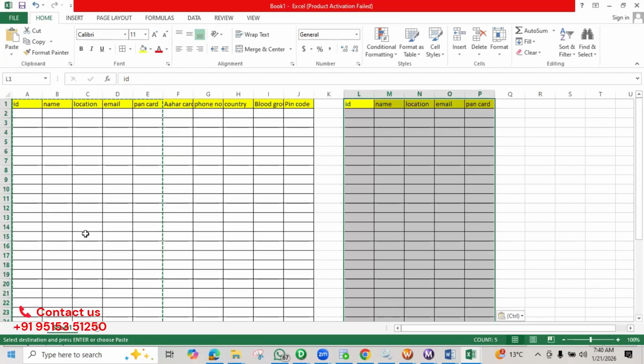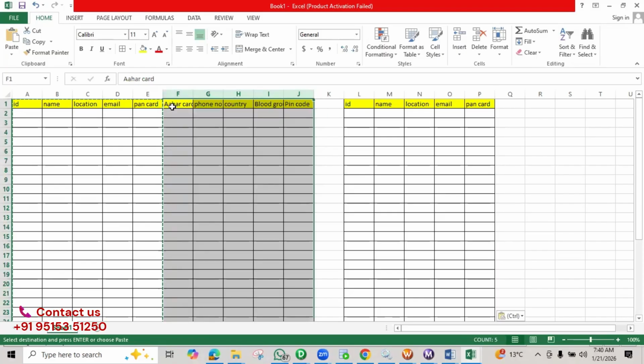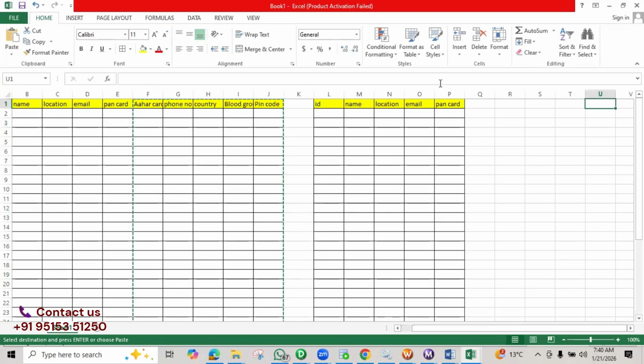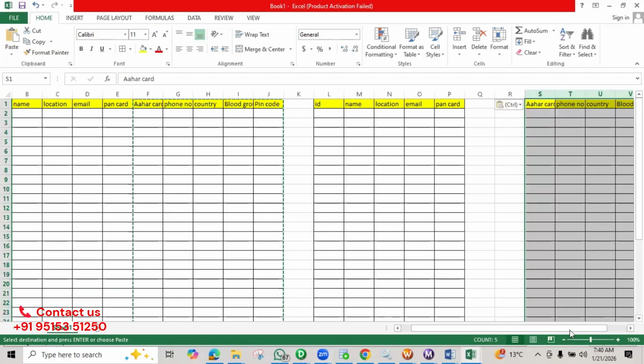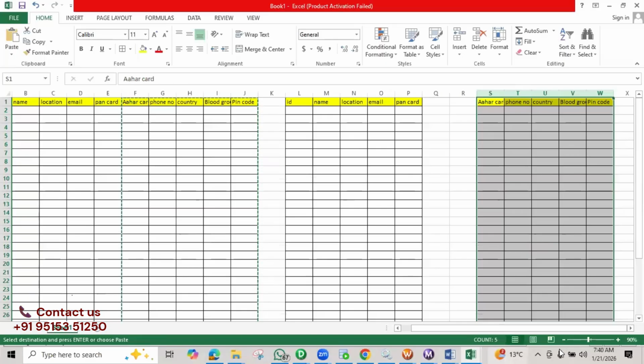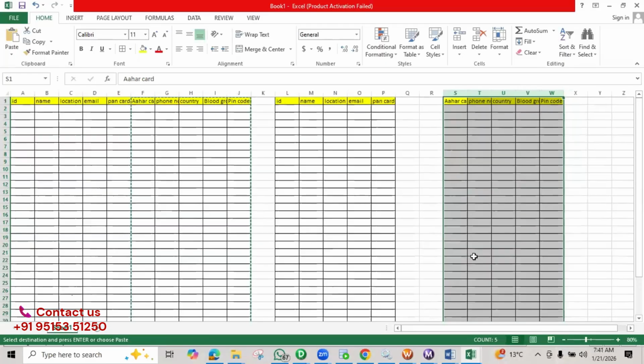Half of the data will be in one table and the other half in the other. I will reduce the zoom so that you can see all the columns from both tables. So this is called normalization.